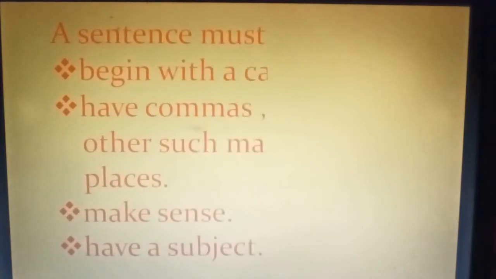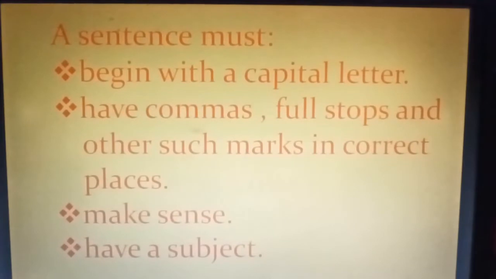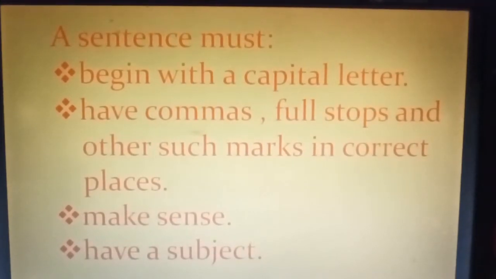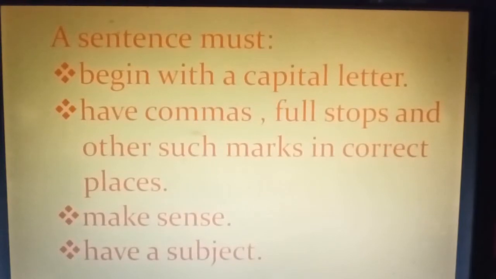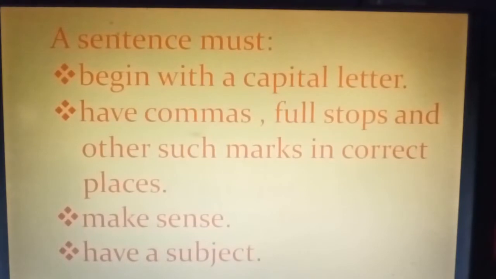Now, the points which we keep in mind while making sentences are: a sentence must begin with a capital letter. एक सेंटेंस हमेशा कैपिटल लेटर से शुरू होता है.